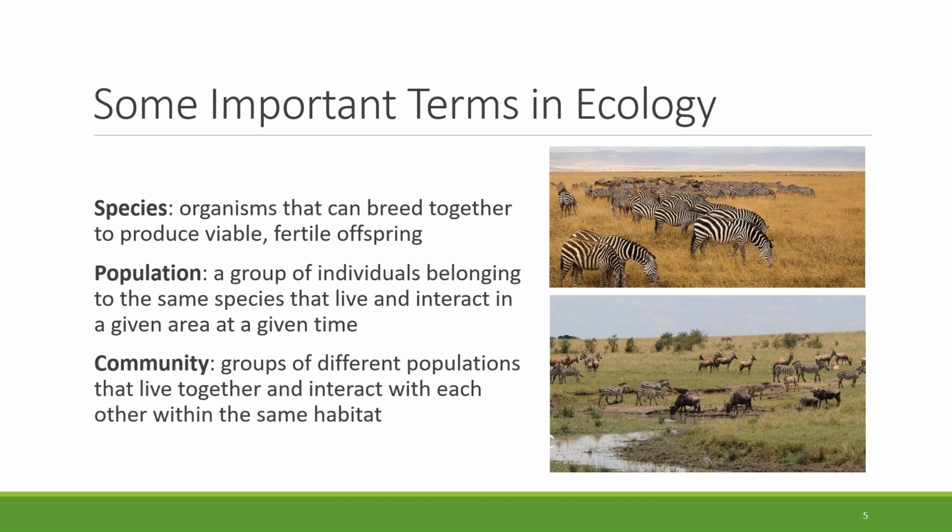So in this photo, we can see water buffalo and antelope alongside the zebra. But also when we talk about communities, we're not just talking about the animals, the plants are also considered part of the community. So all of the grasses and the shrubs that you see, as well as the microorganisms that live in the soil and in the water, these are all parts of the community.